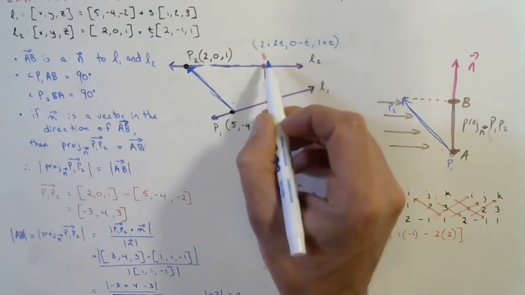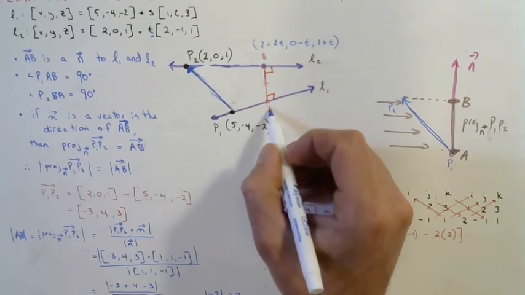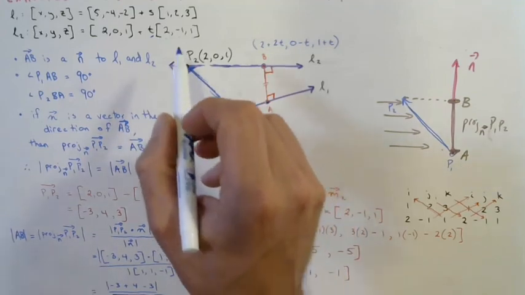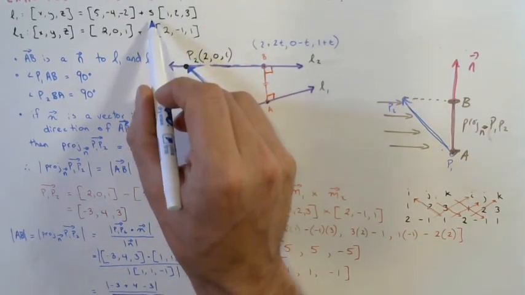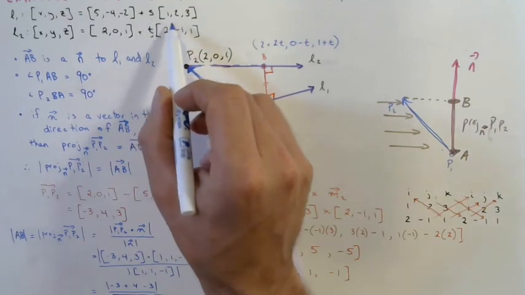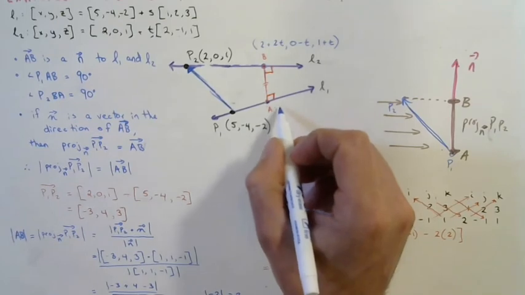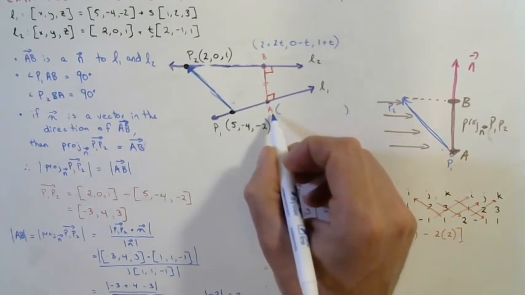Okay, it has those coordinates. You could do the same thing for point A. You could express point A in terms of moving from P1, 5, negative 4, 2, in this direction by a factor of s, so some multiple of this direction vector. That would give you an expression for the point A in terms of s.